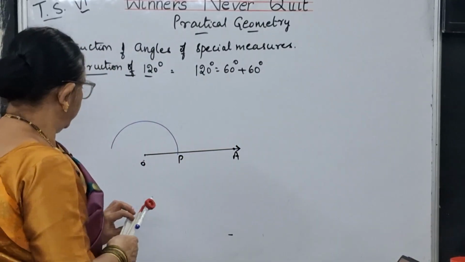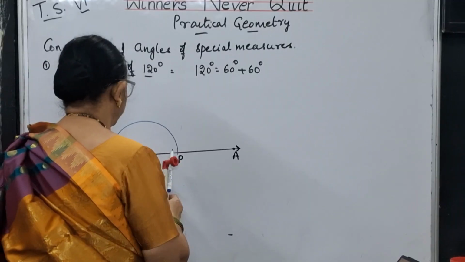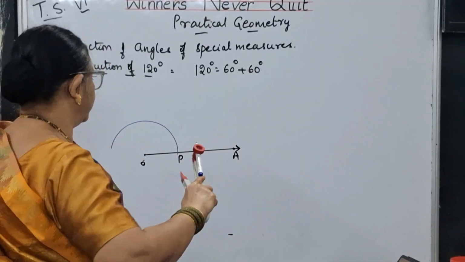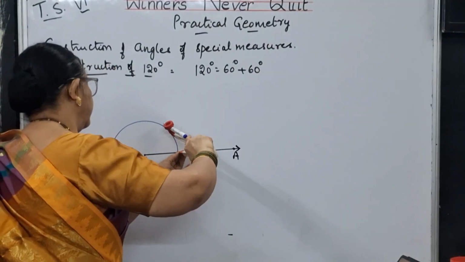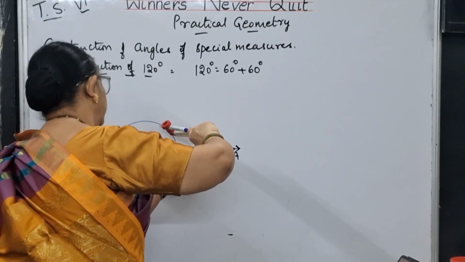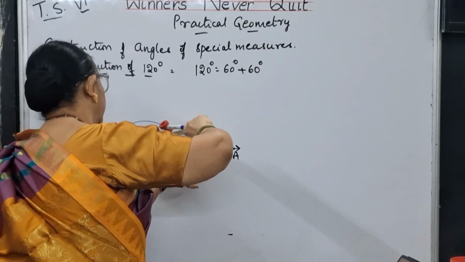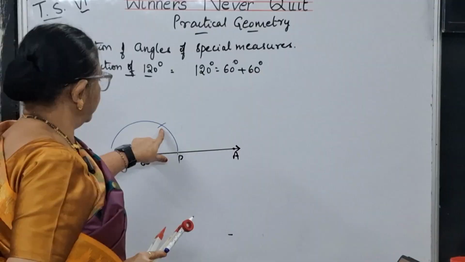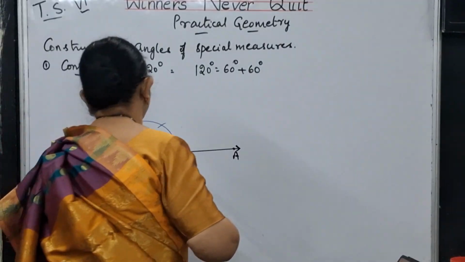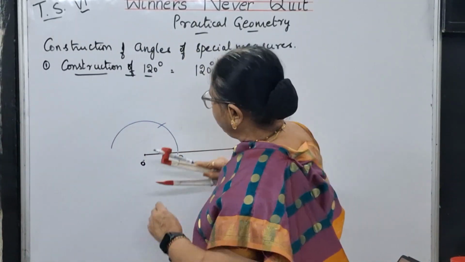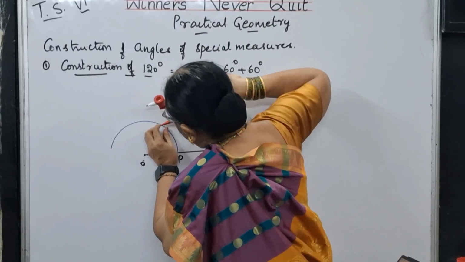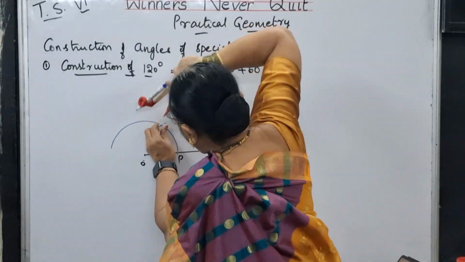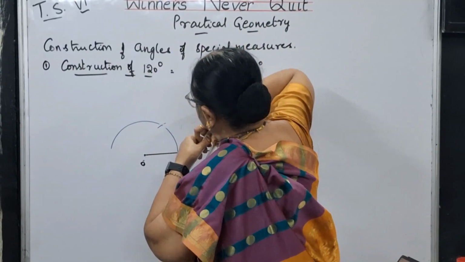After getting P, see, the size of the arc is this much. Without disturbing this size, with P as a center, you have to cut this arc at one point. Let us call this Q. Again, with Q as a center with the same radius, I have not changed the arc, children, the position I have not changed.